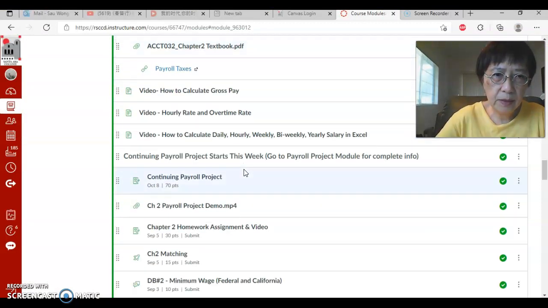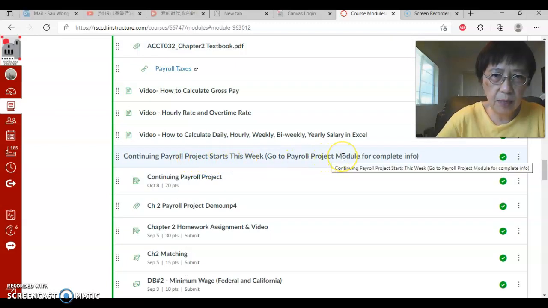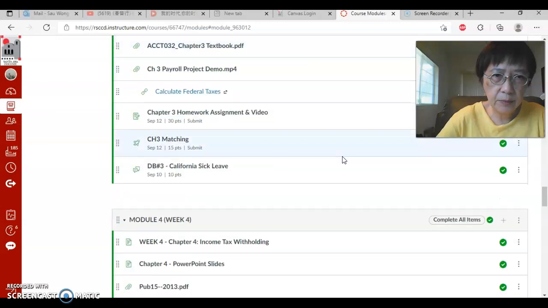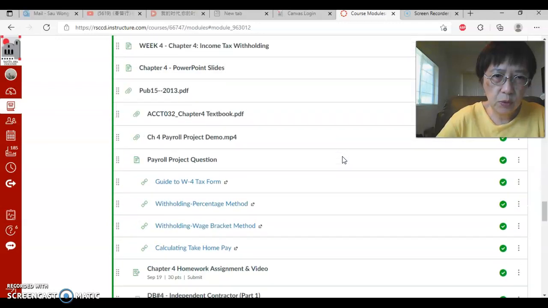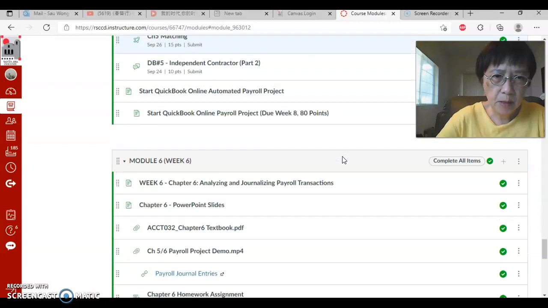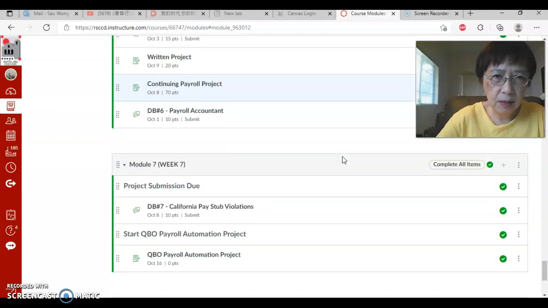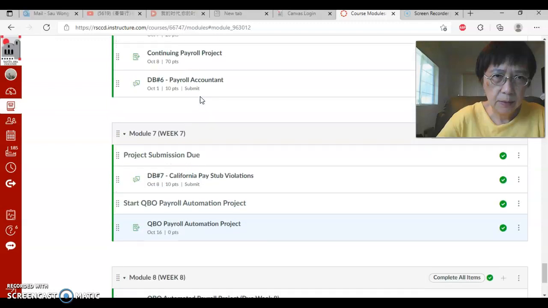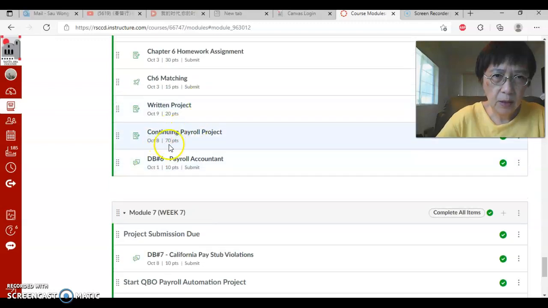So the continue payroll project starts on module 2, and it's going to be due on October 8th, and consists of 70 points.